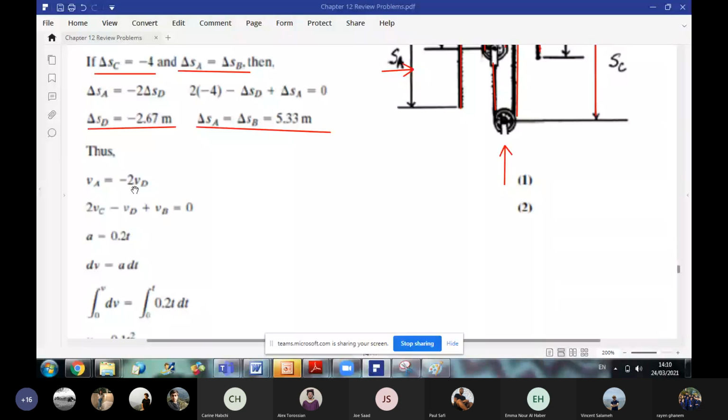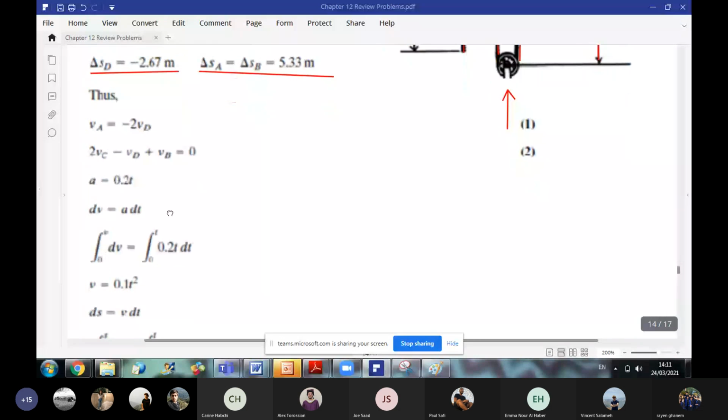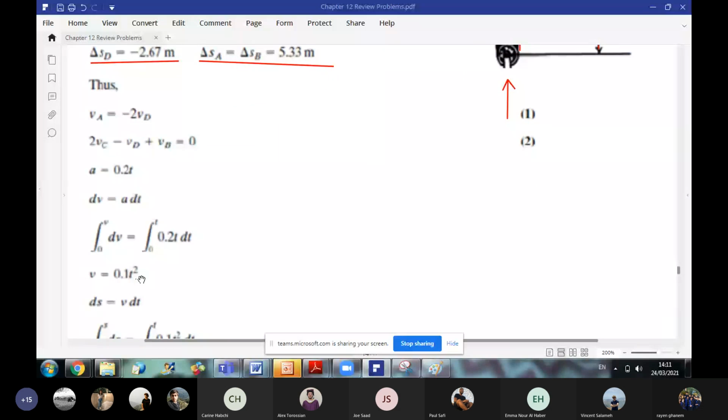From the equations we have, we can get the relation between velocities. So VA is -2VD, and 2VC minus VD plus VB equals 0, which are similar to the equations of displacement delta S. Since the acceleration of A and of B is 0.2t, by integration, starting from rest, you get V is 0.1t squared.